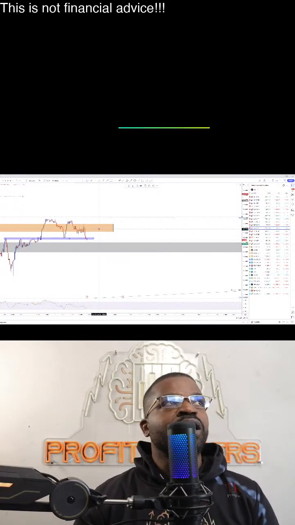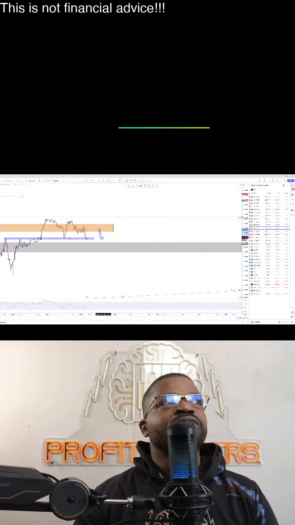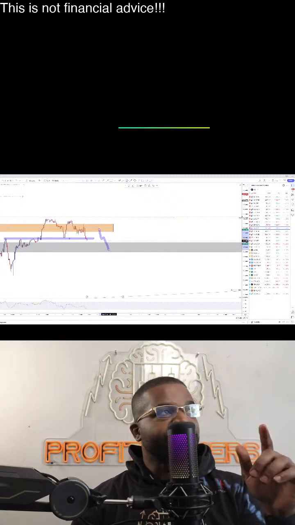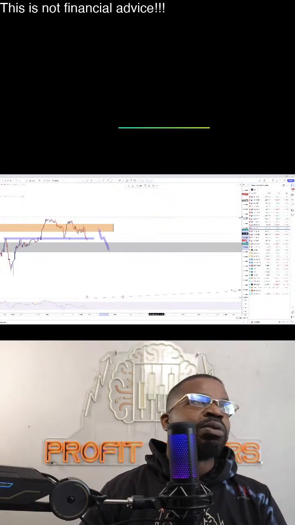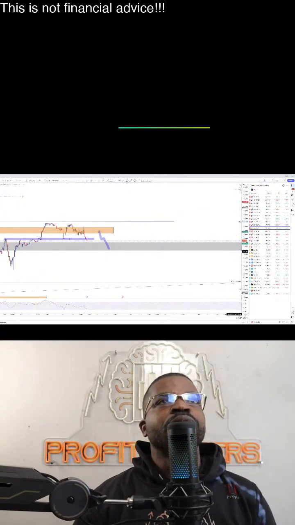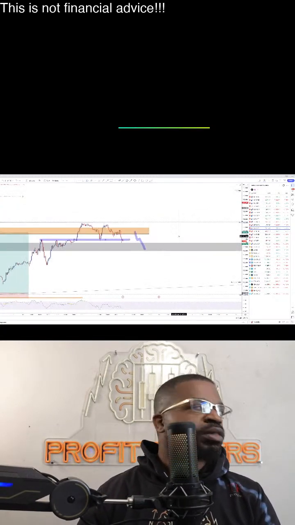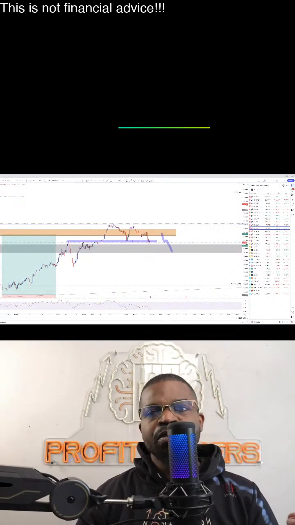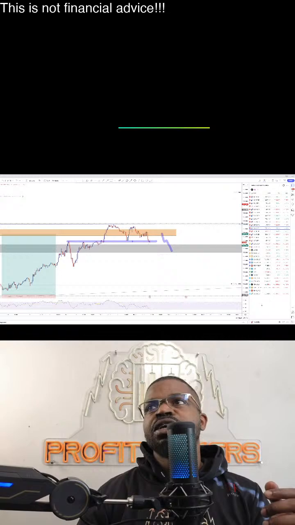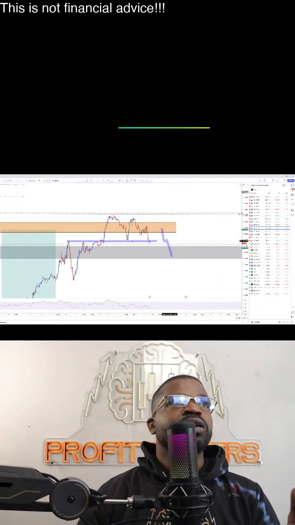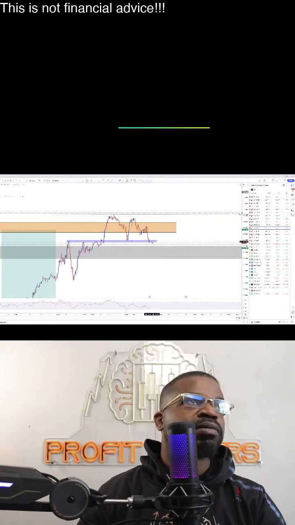Right here on this structural level, on the 15-minute, price is creating a bear flag. If this candle successfully closes beneath this area in the next 5 minutes, that's what I'm going to use to enter this trade. So I'm just using simple concepts with price action to identify these trade setups and also enter them.